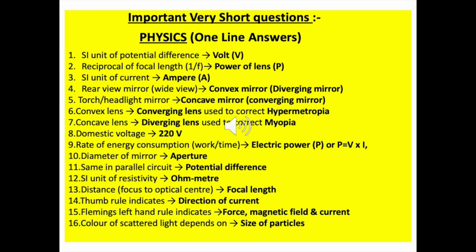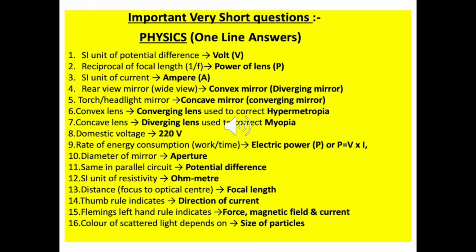Next point is about the convex lens. Convex lenses are converging lenses used to correct hypermetropia. The next point is about concave lens. Concave lenses are diverging lenses used to correct myopia. Here is one point you have to keep in mind.